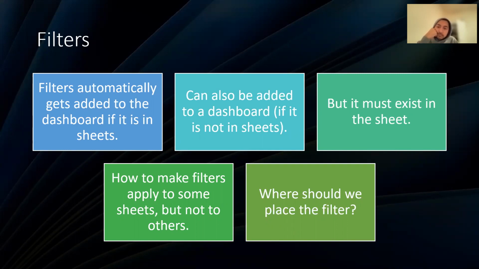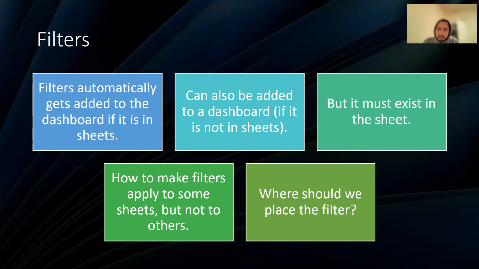So if we have filters in an individual sheet, then when we pull that sheet into the dashboard, they will be added automatically. They can also be added to a dashboard if they are not in the sheet, but the field must exist in the sheet. So there should be a filter somewhere in the sheet to have the filter applied.